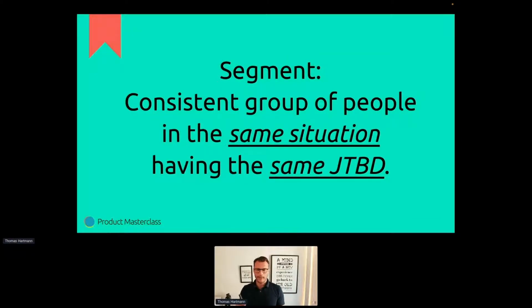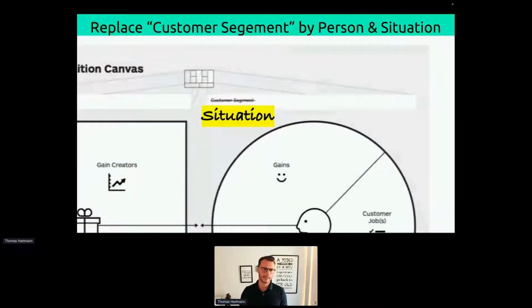Let me explain that. First of all, what do I mean with situation? If I could change one thing on the value proposition canvas, I would rename the field customer segment into situation. Because if you think about it, the situation somebody is in when purchasing a product is really one of the most important things which defines the features and functions of a product.